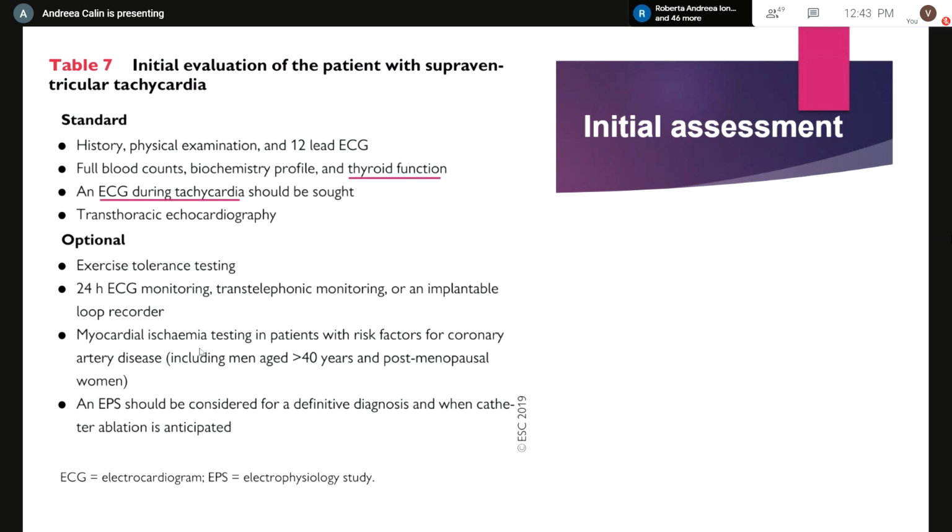And also, in patients with cardiovascular risk factors, it's important to rule out myocardial ischemia, and we should perform a myocardial ischemia test by ECG stress test or echo stress test. And of course, if there are many episodes and we are thinking about catheter ablation in some patients, an electrophysiological study and an accurate diagnosis are needed.